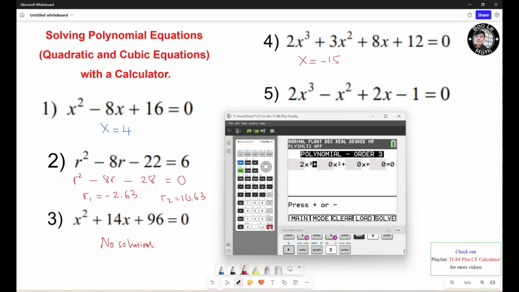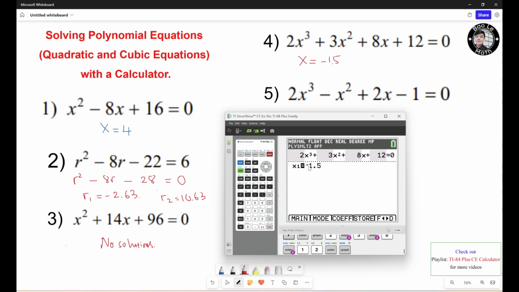Put 2, enter, plus 3x squared, hit enter, plus 8x, hit enter, plus 12, hit enter, and then hit graph. Now you only have one solution, s1 equals negative 1.5, which is right here. Let's move on to the last one.